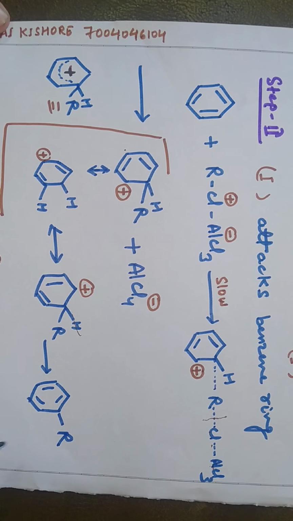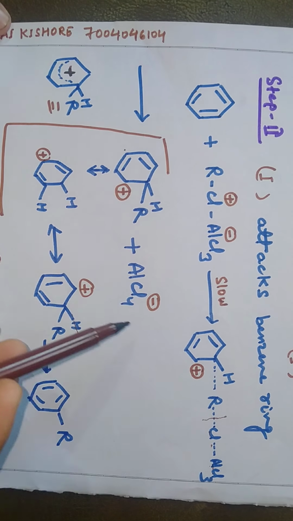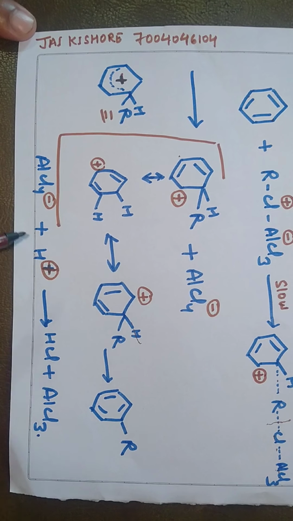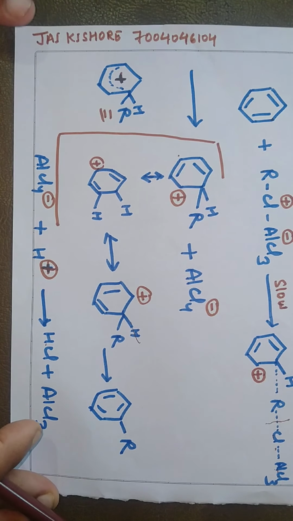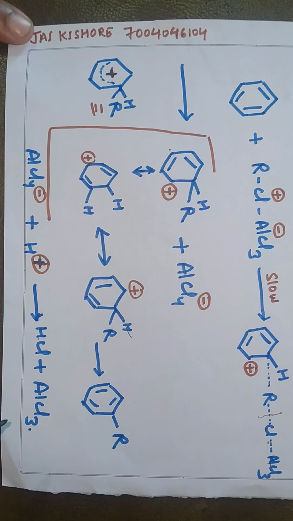Now after that, this H plus reacts with the AlCl4 minus, which we have shown here. So AlCl4 minus reacts with H plus to form HCl and AlCl3. So here AlCl3 acts as a catalyst. So this is the mechanism of FC alkylation bimolecular.